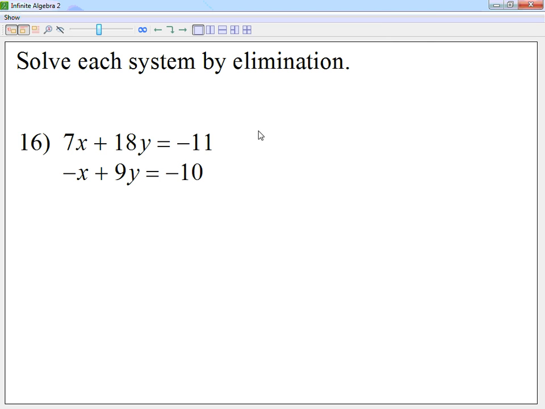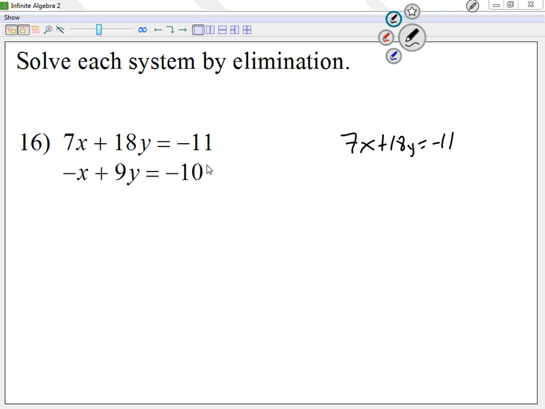So what I'm going to do, let me copy the first equation as it is. I'm just going to write 7x plus 18y equals negative 11.